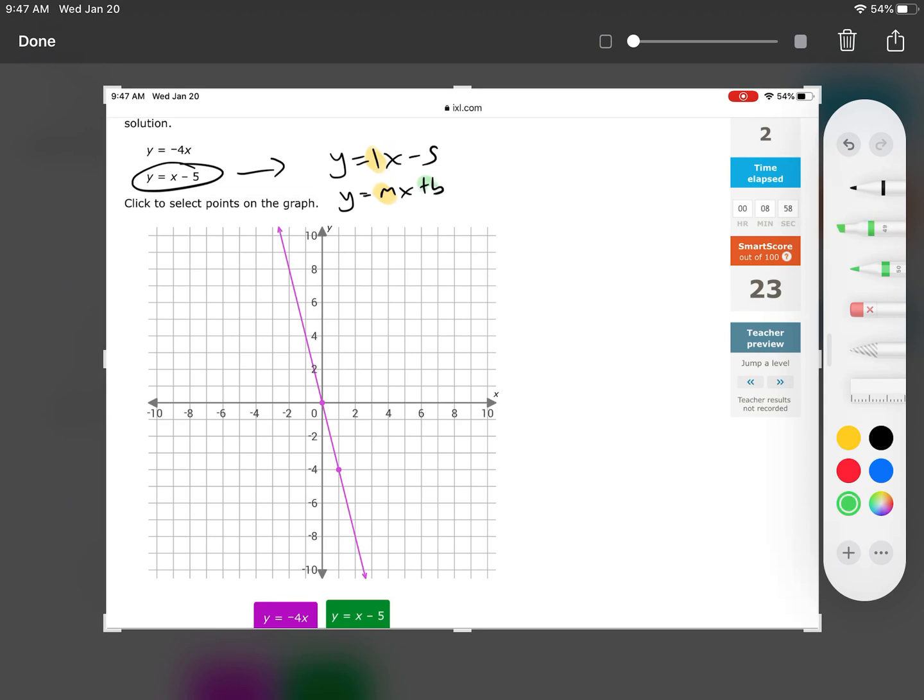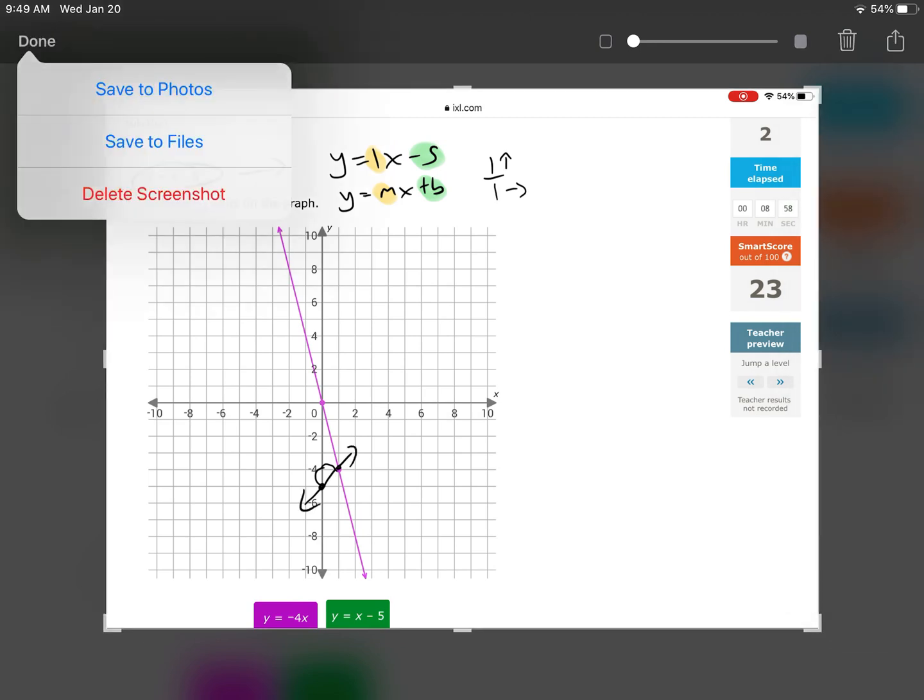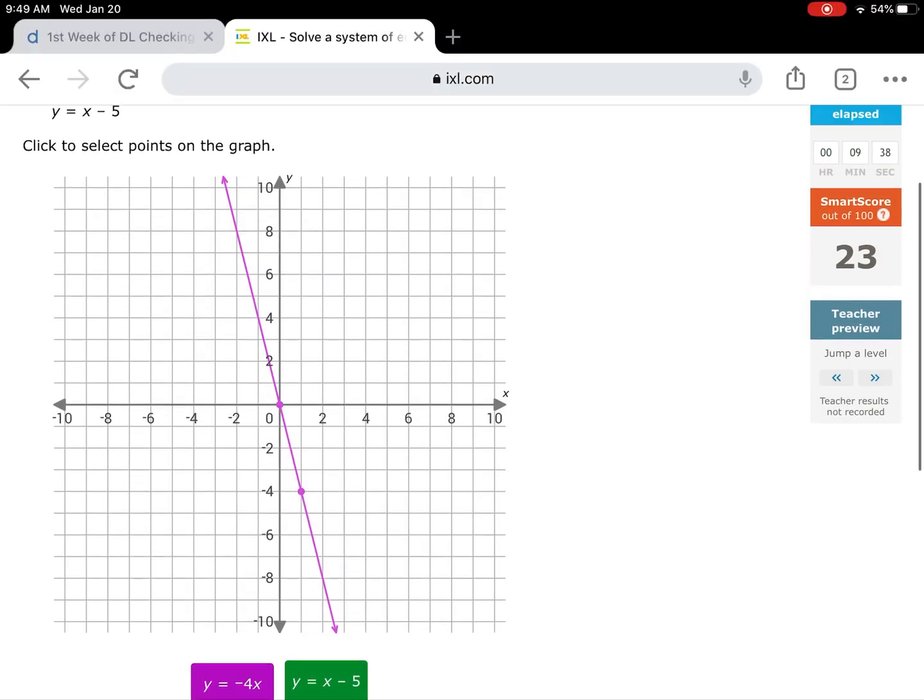Technically, that's a 1. And then the number that's being added or subtracted after, that's our y-intercept. That's our starting point. So we're going to start at -5. And then this slope is technically 1 over 1. It's positive, so it's going to go up 1 and right 1. And from this point, it'll go up 1 and right 1. So it'll actually cross right there. So let's graph this one.